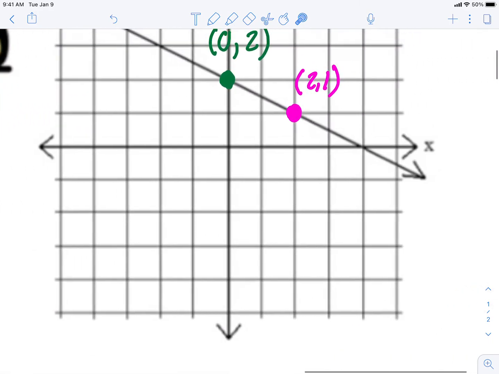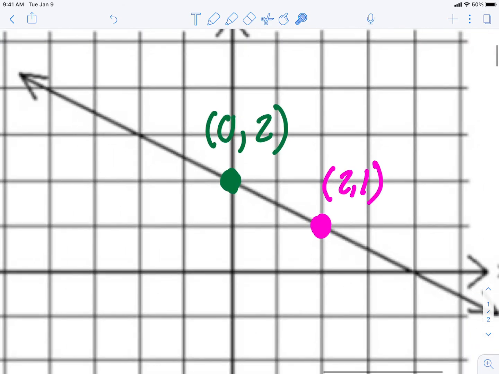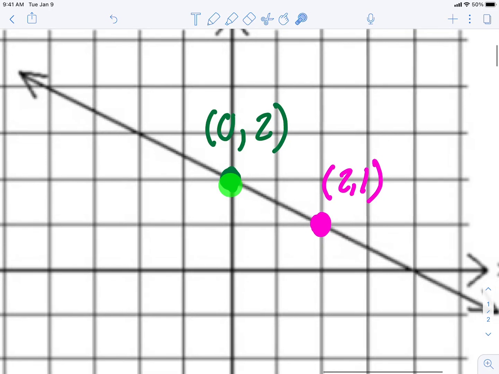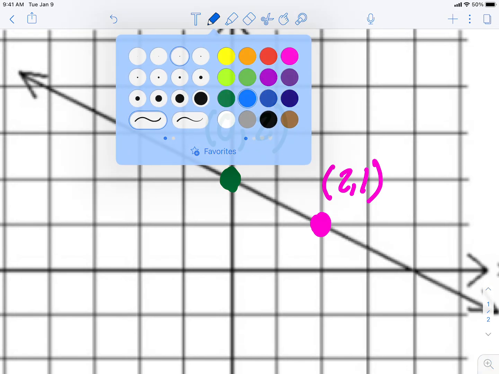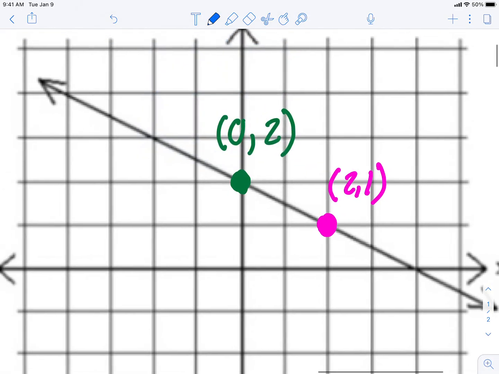To get from this green point to this pink point, we have to go down. If I start here, I go down 1 slot. I went down 1, which is a -1.